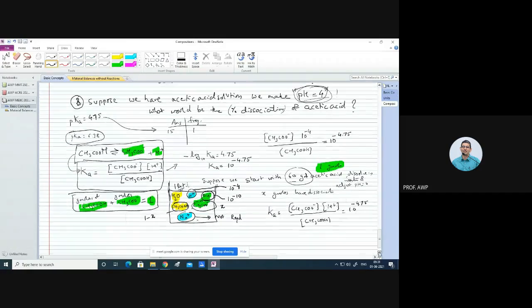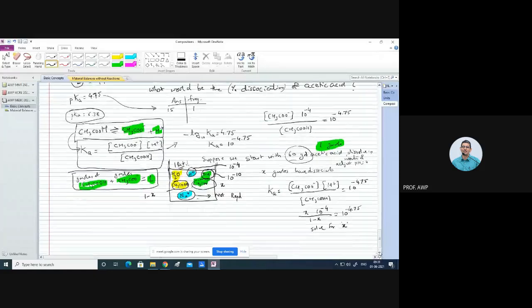If the solution is 1 liter, the acetate ion concentration would be X. H plus ion concentration would be 10 raised to minus 4. Acetic acid undissociated would be 1 minus X. This would be equal to 10 raised to minus 4.75. Can we not solve for X? Yes, no, do you agree?